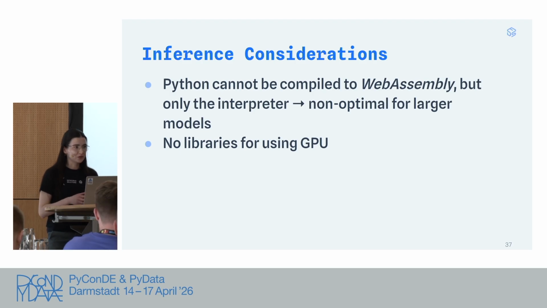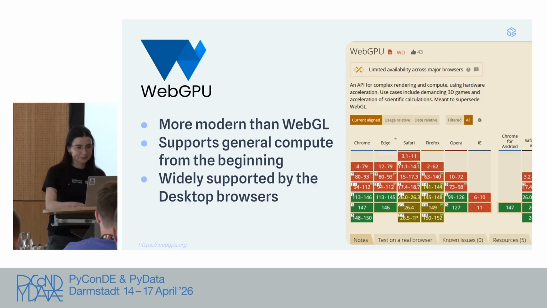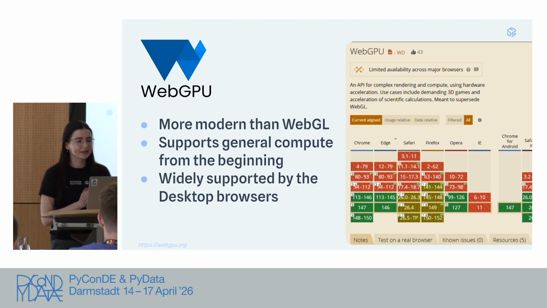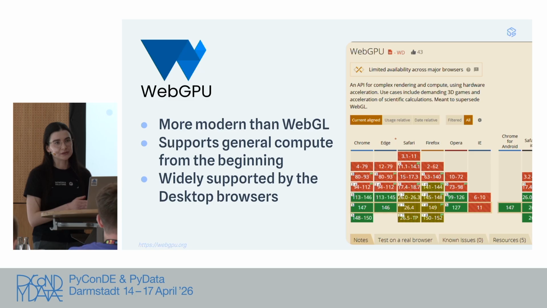Secondly, to the best of my knowledge, there are no libraries that would allow you to use GPU for model inference for Python. But let's first talk about the possibility of using the GPU in the browser. There is a common misconception that running ML inference on the GPU in the browser is impossible because the only way to access the GPU is via WebGL, and WebGL is designed mostly for graphic processing and not general compute.